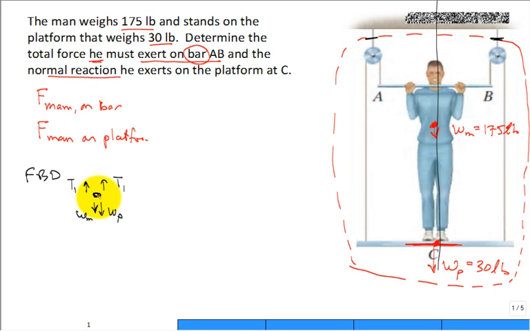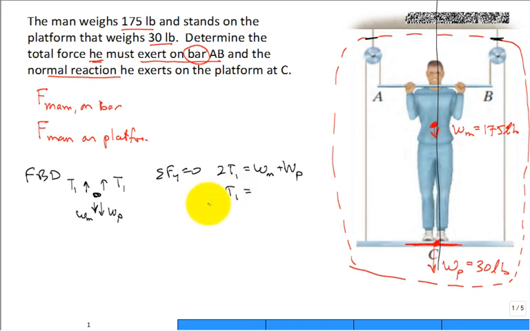It really boils down to a dot, a particle, a point, like the previous chapter. So we have 2 T's up, 2 W's down. Sum of the forces in Y equal to 0, and you get that 2 tensions up is equal to the weight of the man plus the weight of the platform.